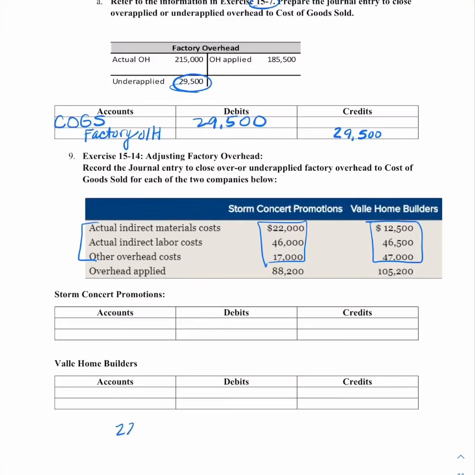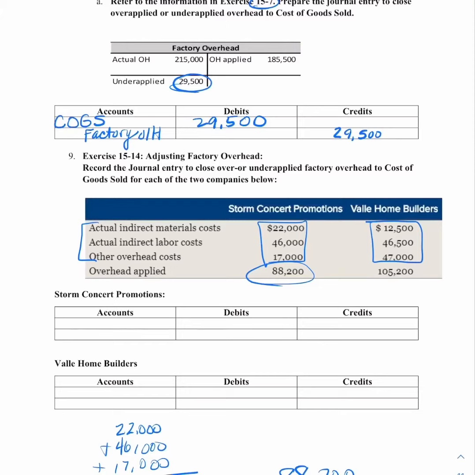So we'll take 22,000 plus 46,000 plus 17,000, and we get $85,000. So actual overhead is 85,000. Applied is 88,200. So is applied greater than actual? Yes.